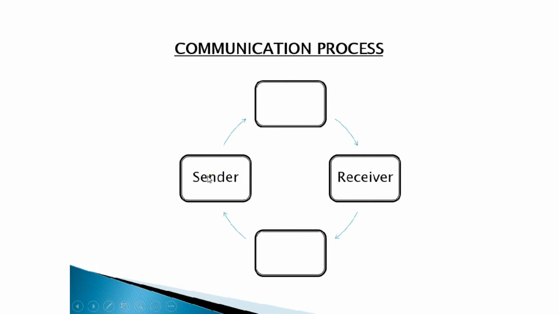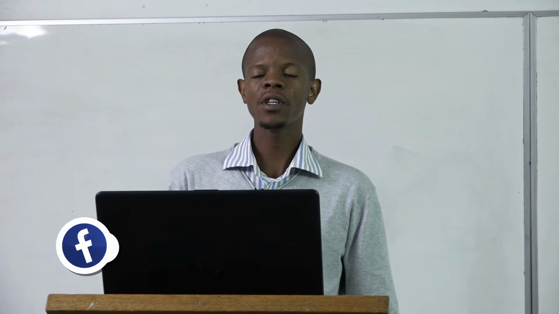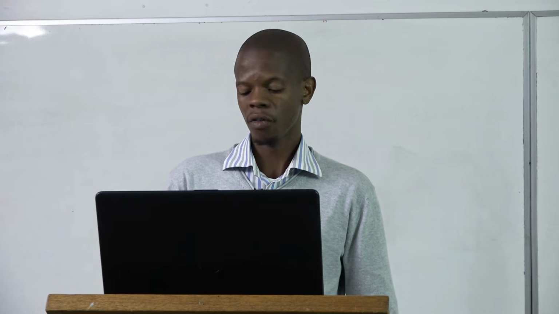The sender is the initiator or the starting point of the message, which goes to the receiver who interprets and gives feedback to the sender. So basically, that's how the message is being conveyed from the sender to the receiver. So it's easier for you to understand this if it's in the form of a diagram.